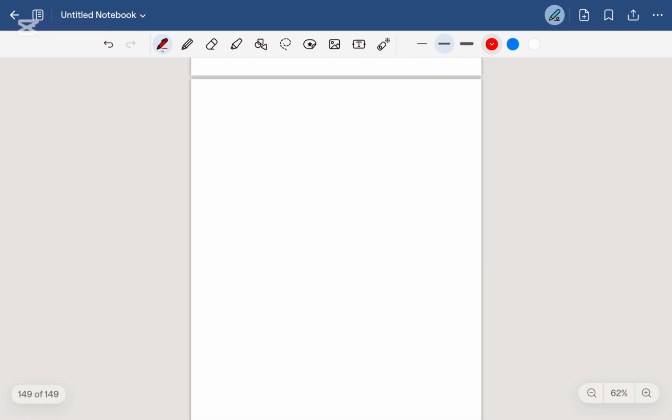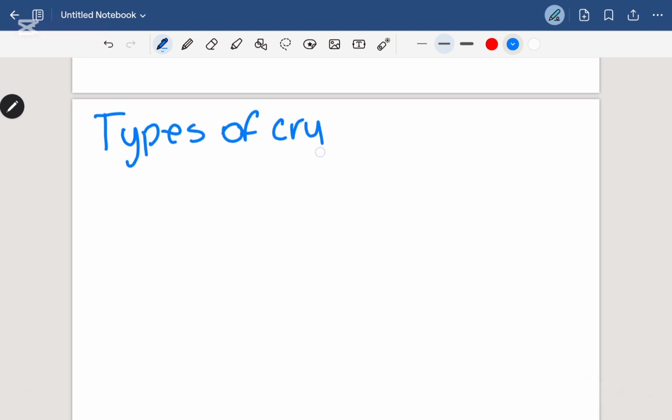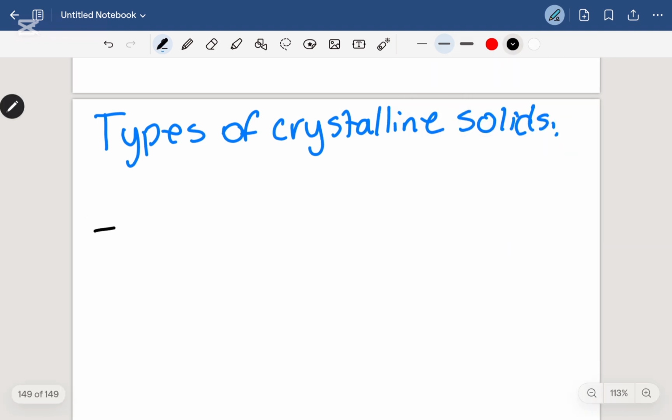So we move on to the types of crystalline solids. This is very important. Types of crystalline solids. Okay? The first type of crystalline solid that I believe everyone knows about is ionic solids. Now, what about these ionic solids?